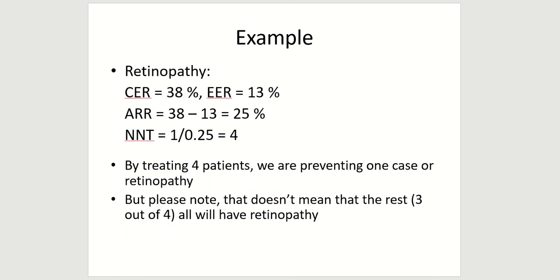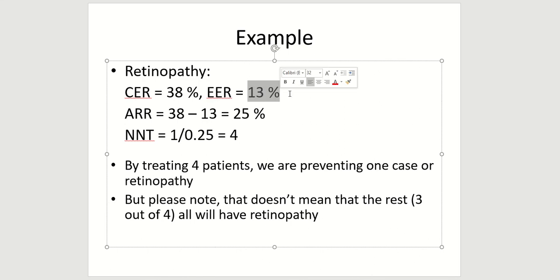Here we go, retinopathy. If you do not treat, 38% of your diabetic population will end up with retinopathy. However, when you treat, the event rate will go down to 13%. So you're actually preventing a bad outcome. The absolute risk reduction is 25%, taking the difference between 38% and 13%.